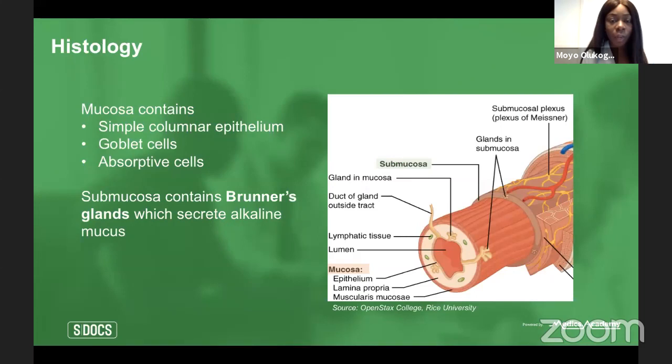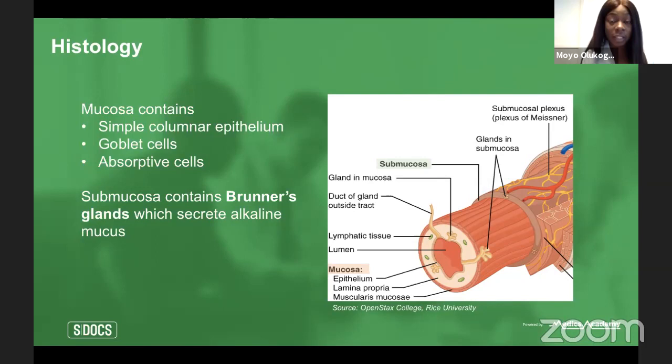So, we know in the histology that the mucosa contains epithelium, lamina propria, and muscularis mucosa, but there are some things which are unique to the duodenum. The type of epithelium found here is simple columnar epithelium, which is important for absorption, whilst goblet cells are also found in the mucosa secreting mucus. Absorptive cells are also found.